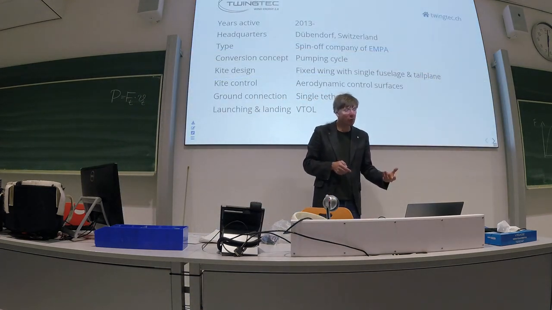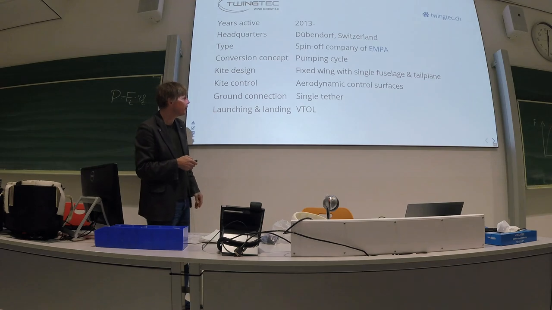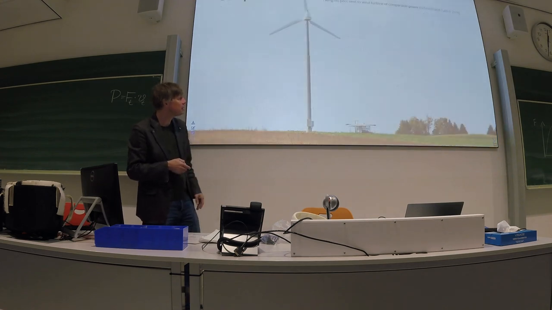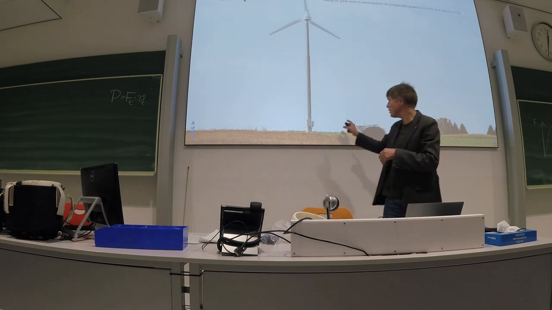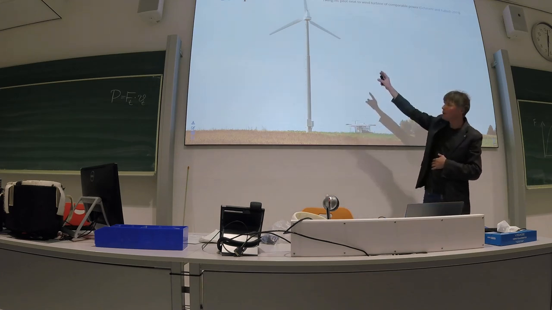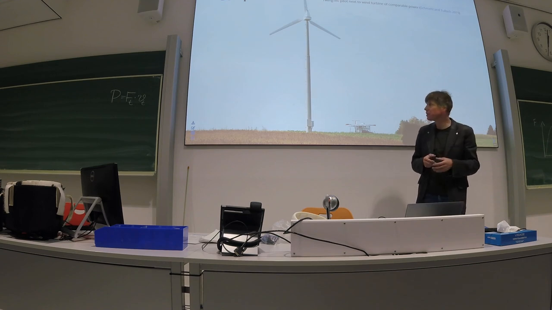Then we have TwingTech, Swiss spin-off from EMPA. They use control surfaces and pumping cycle. They have this very nice photo here of their wind energy system compared to a turbine, both of the same power output, which I think is a pretty impressive illustration.